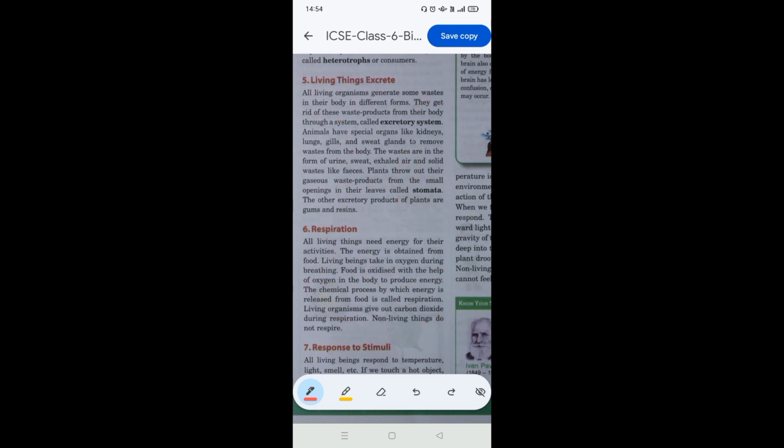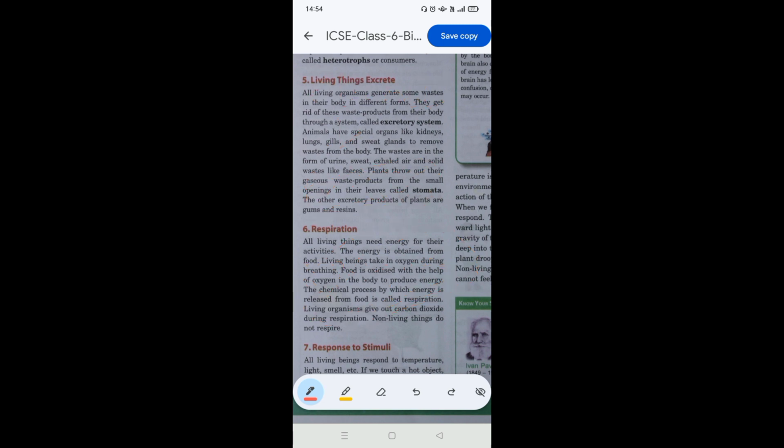And the other excretory products of plants include gums and resins, which are nothing but the extra excretory products which are released out in the form of gums and resins in case of plants.